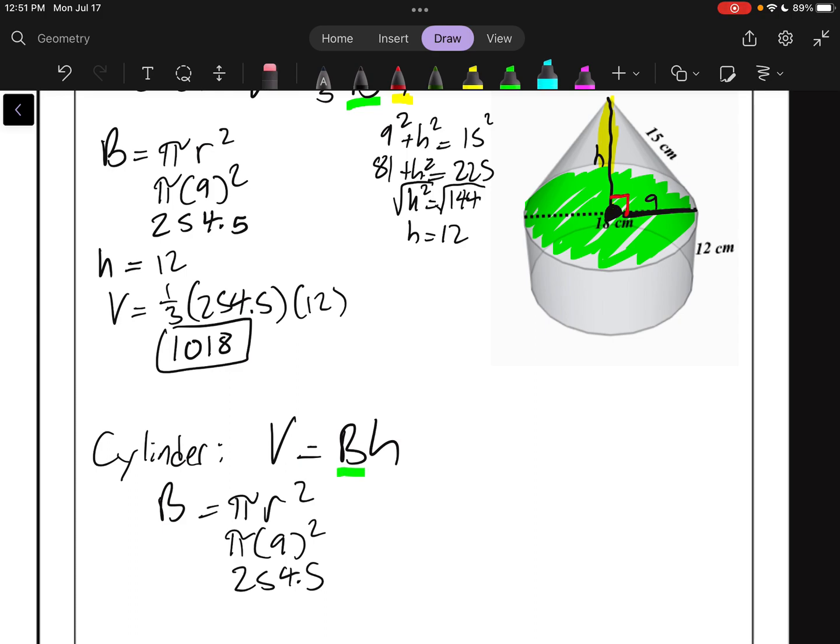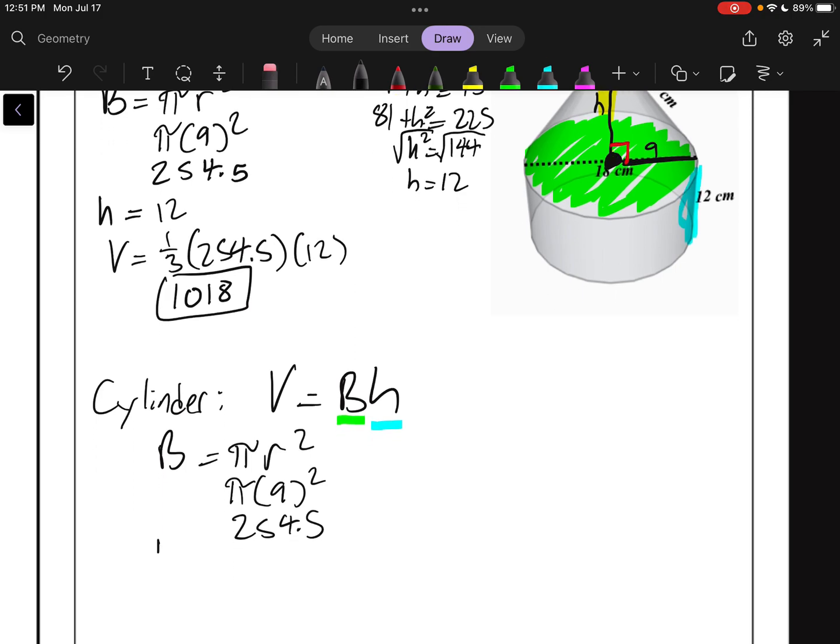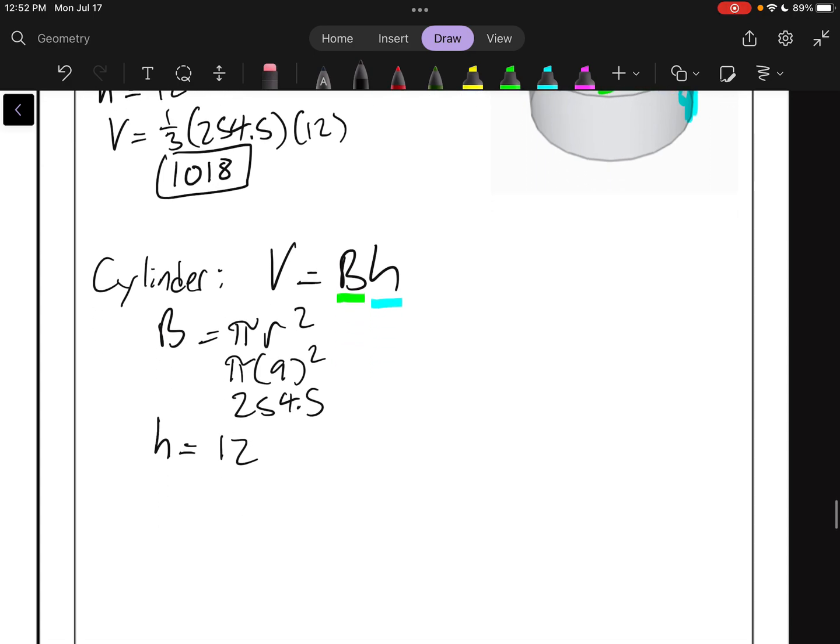Our H for the cylinder should be this 12 over here, which coincidentally was the same as the height of the cone. So let's just do 254.5 times 12. And I'm getting 3,054.